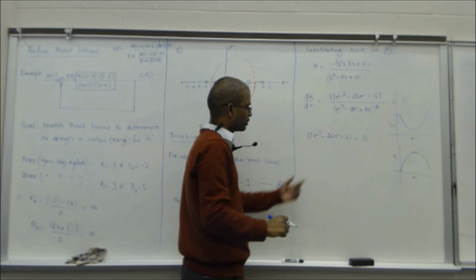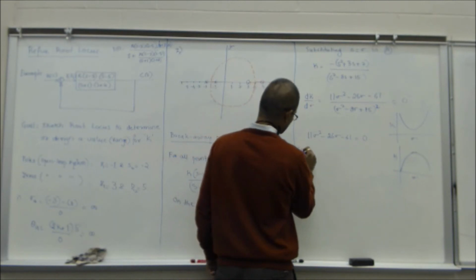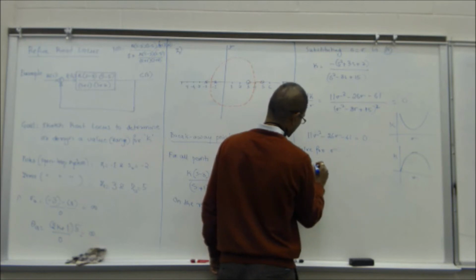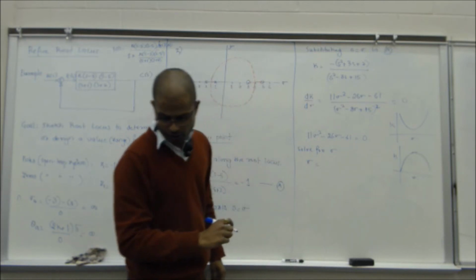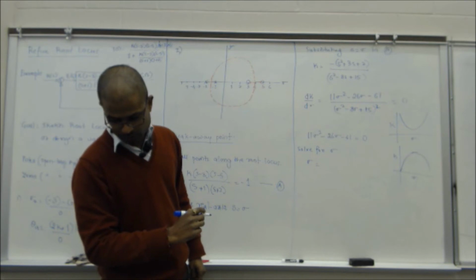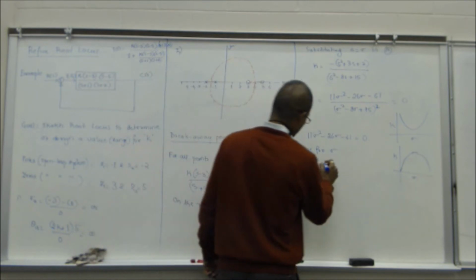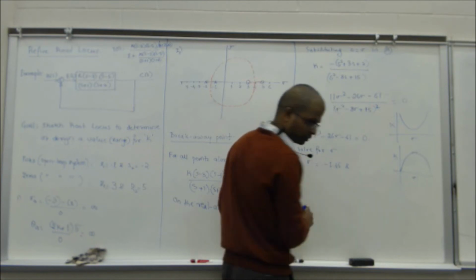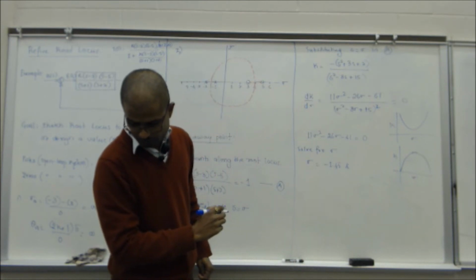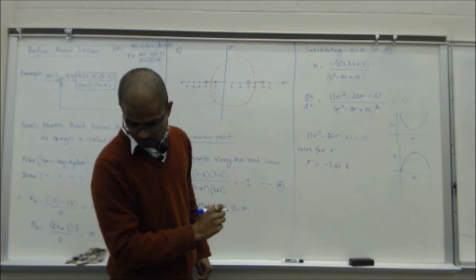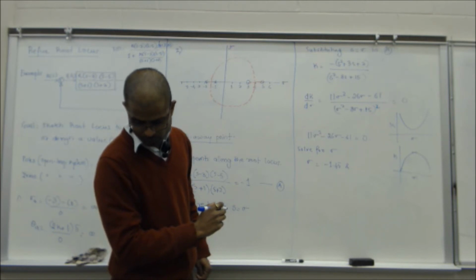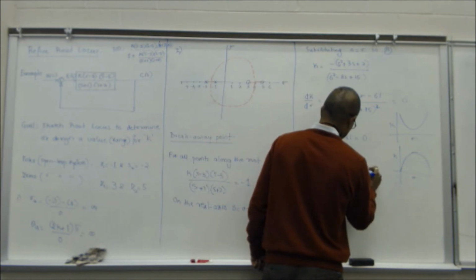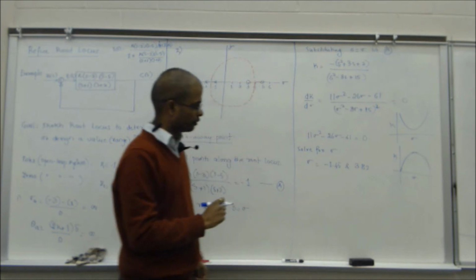If you solve for sigma, there are going to be two values: sigma is equal to minus 1.45 and 3.28. Sorry.